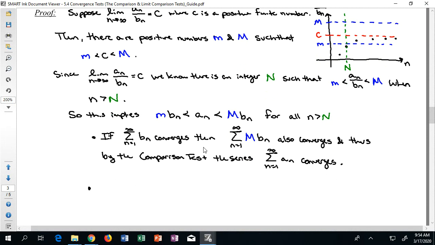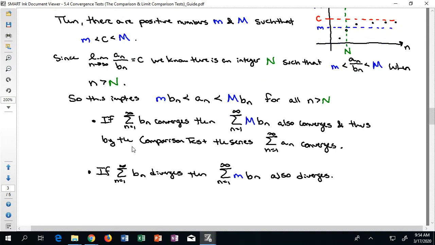Now, of course, that was all predicated on this big if of if the b sub n converges. Maybe it does, maybe it doesn't. But if it doesn't, then of course the only other option is that that series diverges. But if it diverges, then definitely the series multiplied by little m also diverges. Because it's the same series, just multiplied by little m.